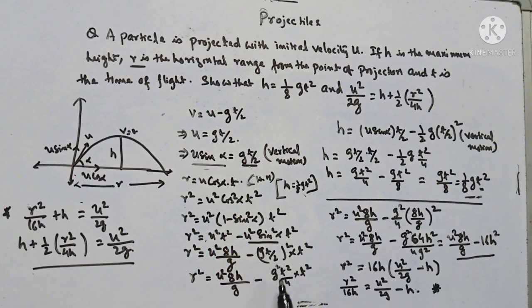So when I placed it here, this became g square t square by 4, and I placed the value of t here, again t square, so I got this.